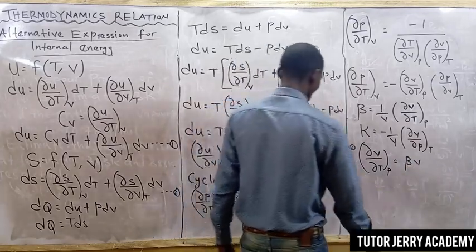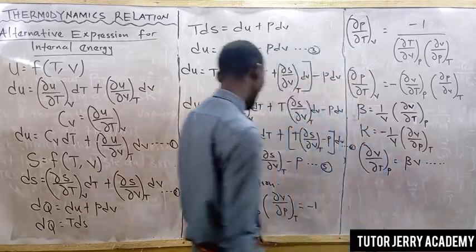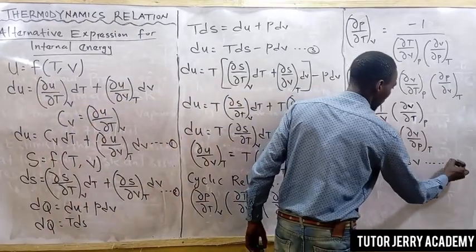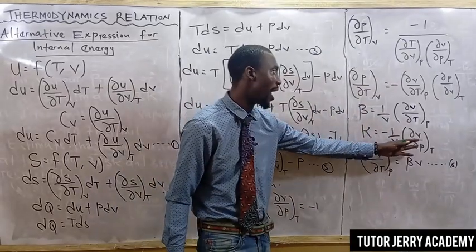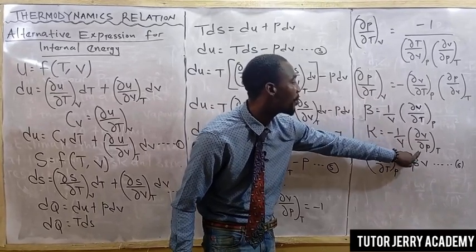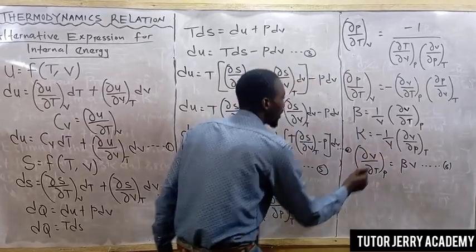All right. So we can call this our equation 6. Equation 6. And again, from here, we have the partial derivative of V all over the partial derivative of P, keeping T constant. Let's make that the subject.